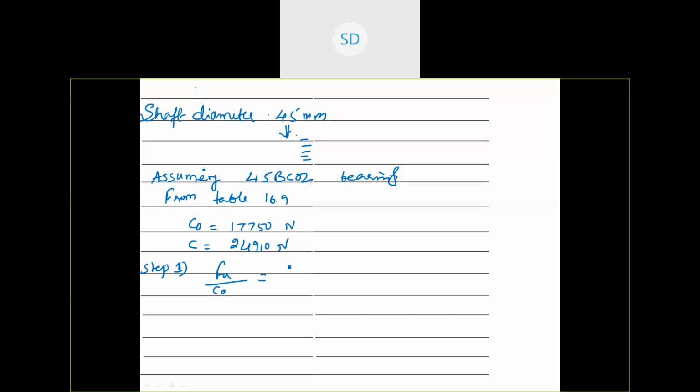Fa is 3 kilonewton, C naught is 17750. Someone calculate and provide the answer. 0.169.